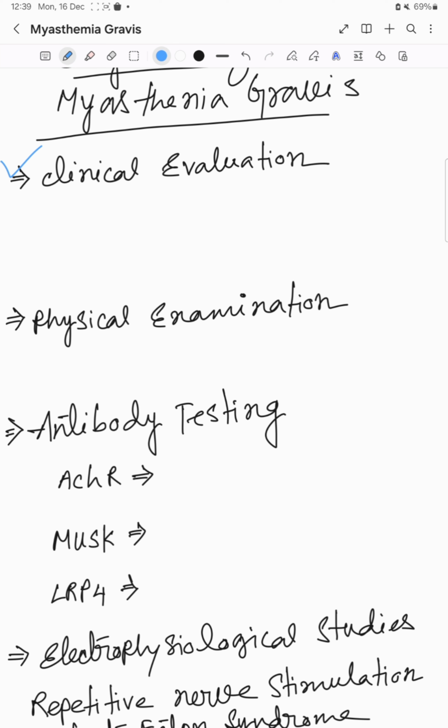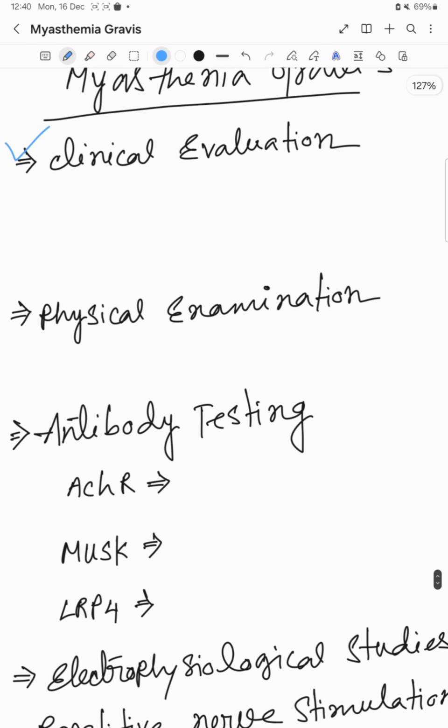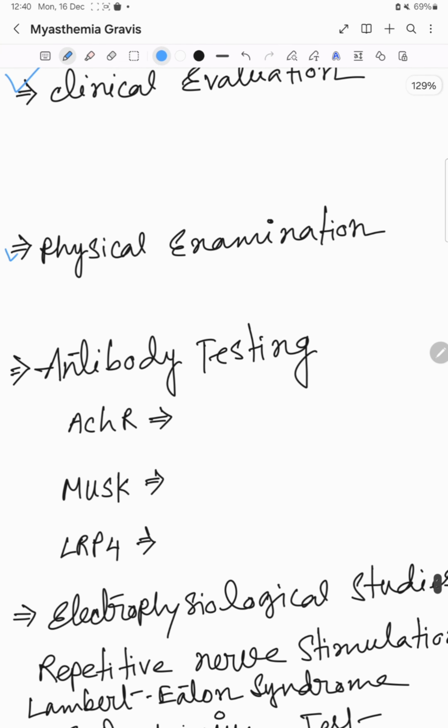For physical examination, the tests performed check fatigability, such as sustained upward gaze. If you ask that person to look upward for a time, he cannot, because the extraocular muscles and eyelid muscles get affected.